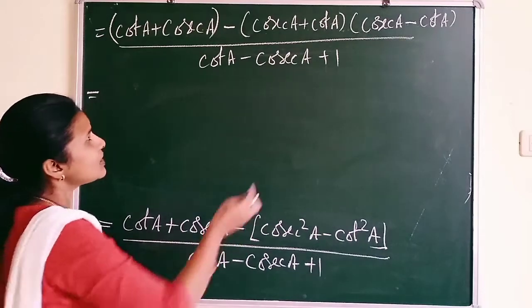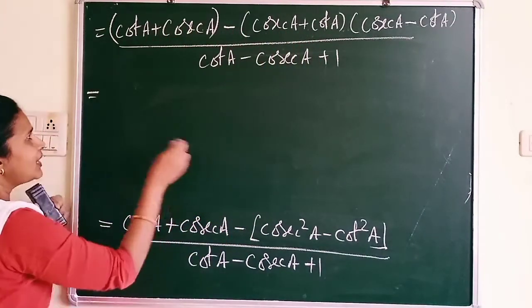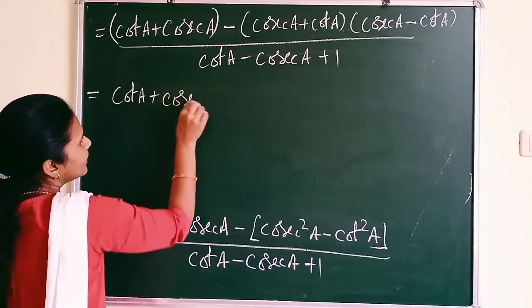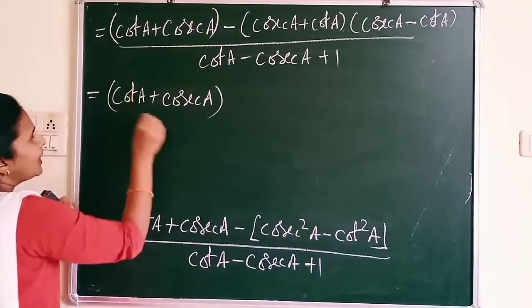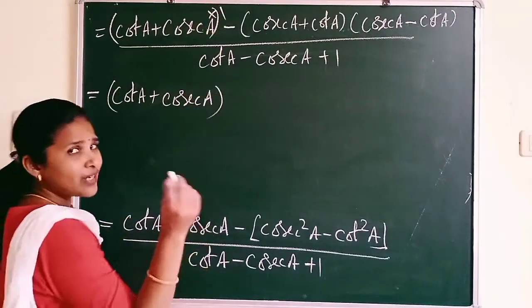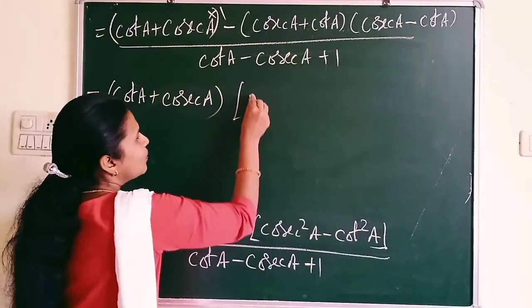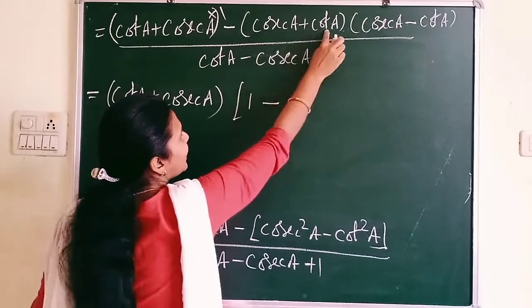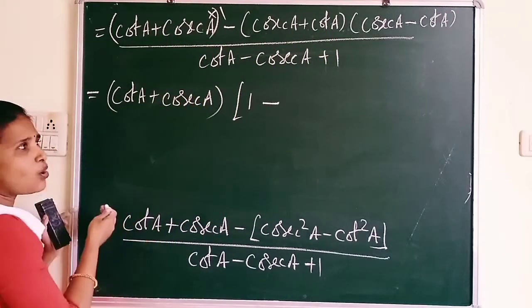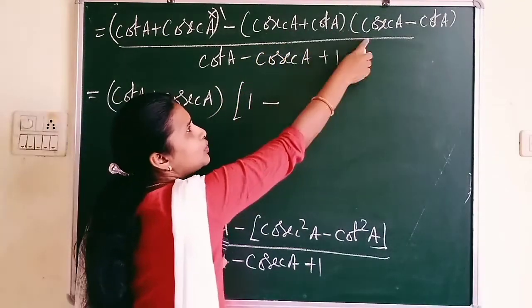So you can see cosec plus cot and cot plus cosec, both are the same. So that bracket you remove, I can write it as cot A plus cosec A. If you remove this bracket, and nothing is there, it means it is understood as 1. So don't write 0 there, any number into 1 is the same. So you get 1 there. 1 minus this bracket, and this bracket is already removed as a common factor.